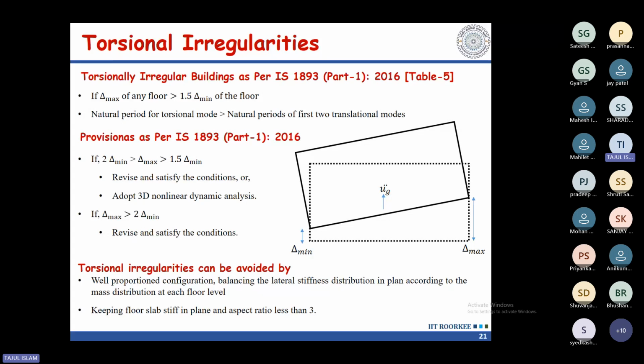One is revise, then satisfy the first condition, or else perform 3D nonlinear dynamic analysis to show that your structure is performing well. So this is when 1.5 to 2. But if your structure is having more than 2, that time there is no option. You have to reject that configuration as per this code.